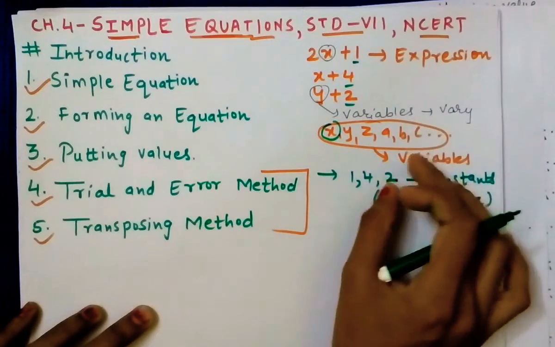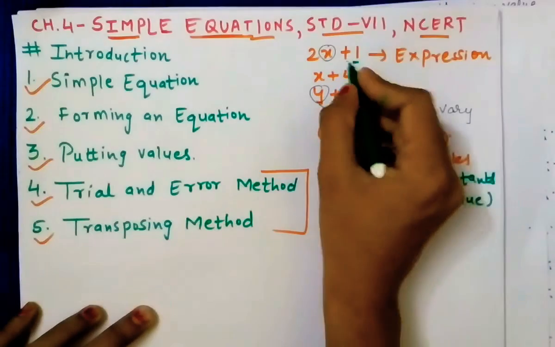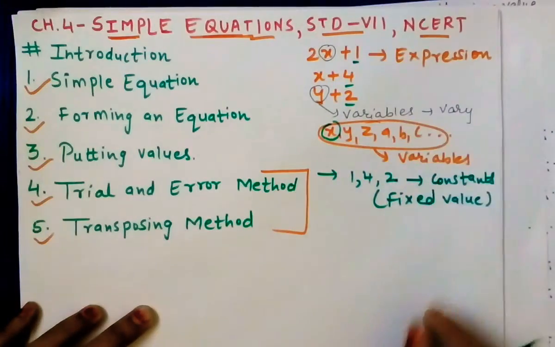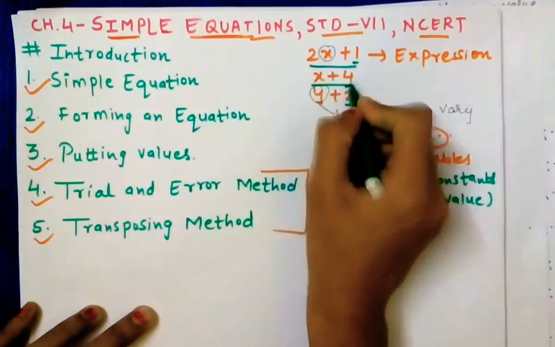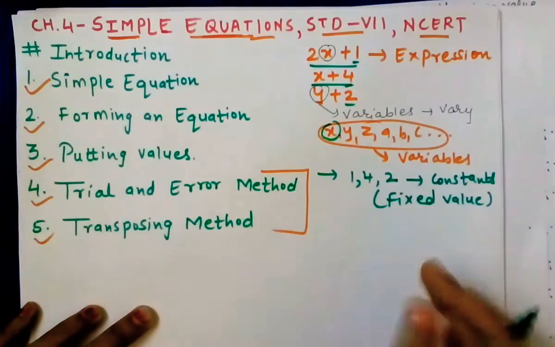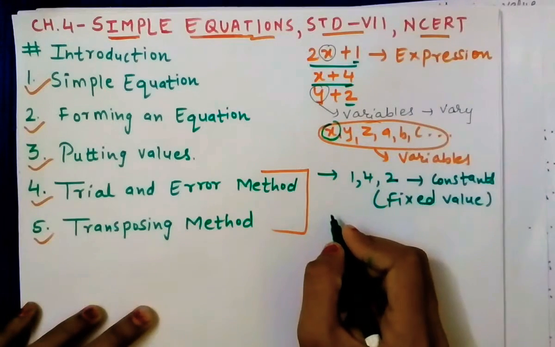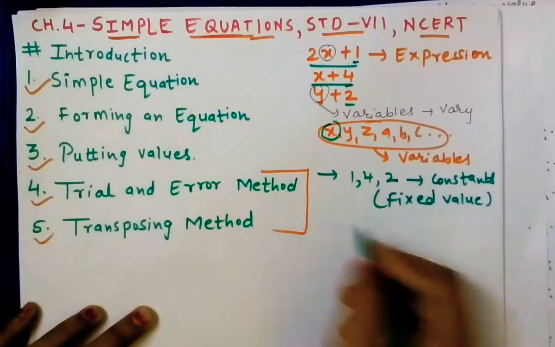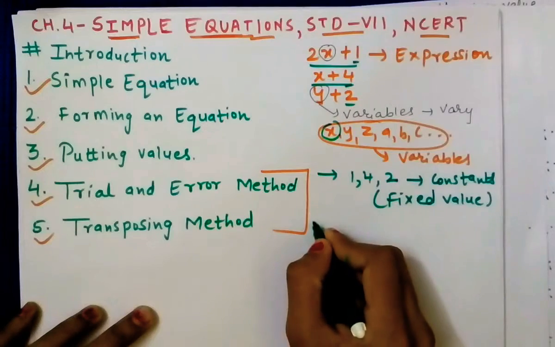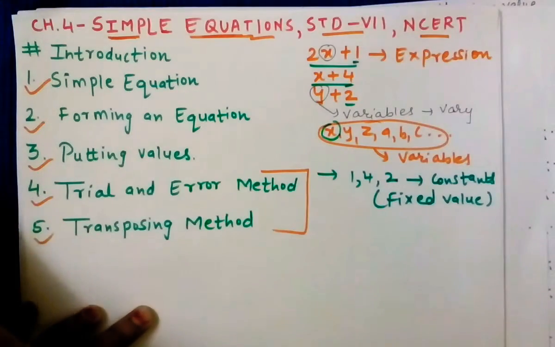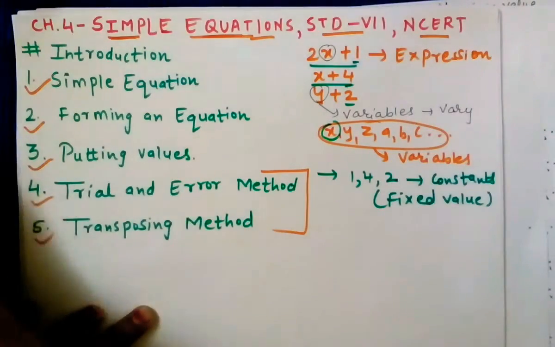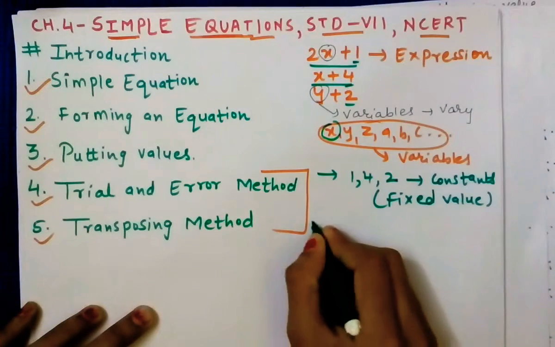Now using these variables and constants and mathematical operations like plus, minus, multiplication, we make these expressions. These are expressions that you have studied in your previous class. Now in an expression, if I put an equal to sign, for example, I'm taking 4z plus 9.